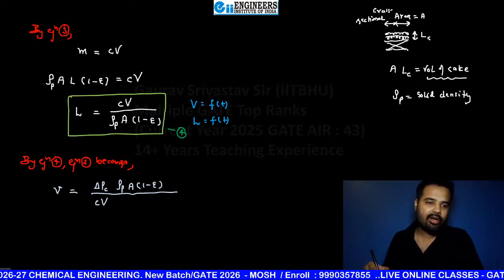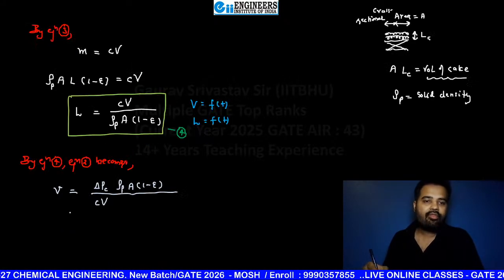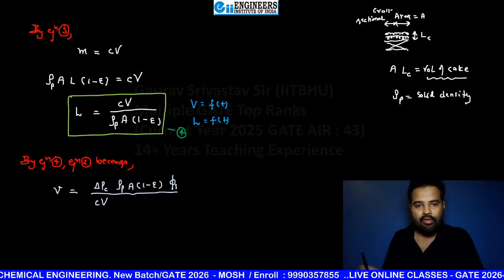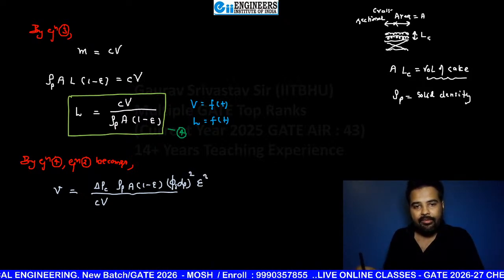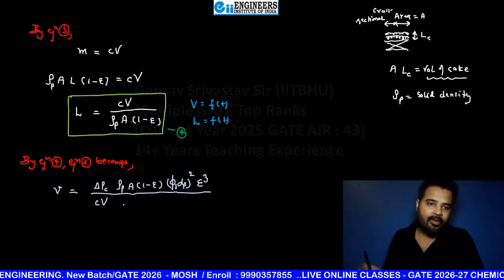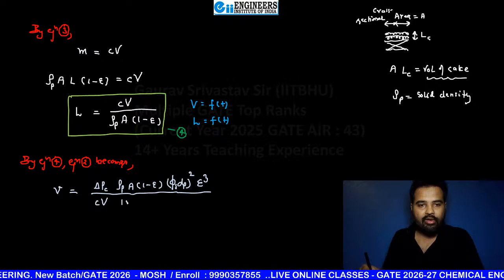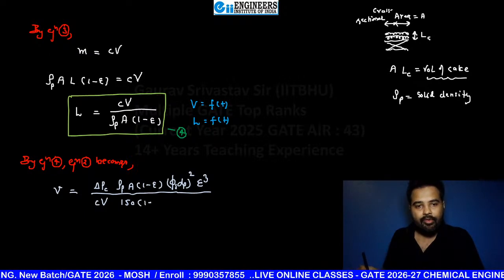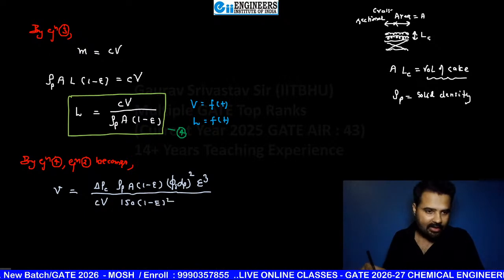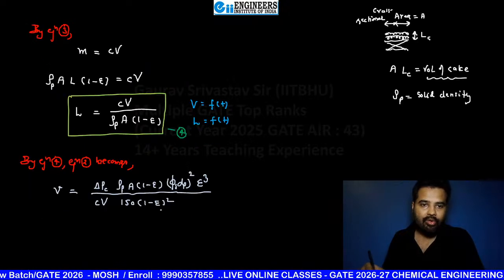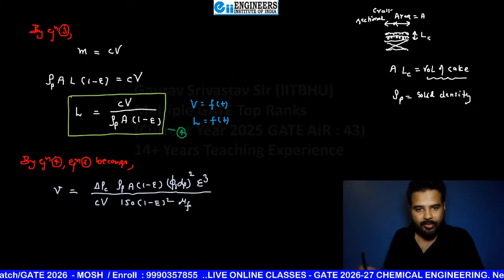Okay, this is only delta P by L. Now phi s dP square epsilon cube and whole upon 150 1 minus epsilon square into mu f.